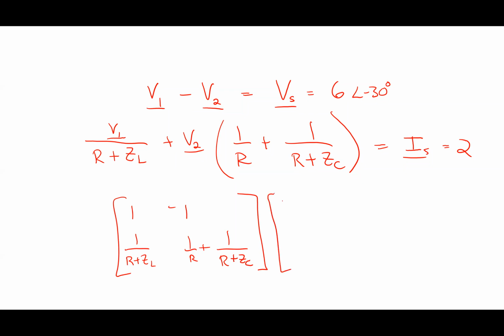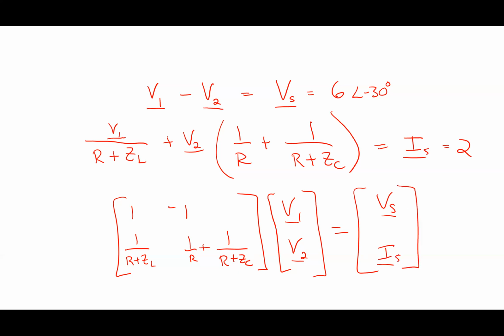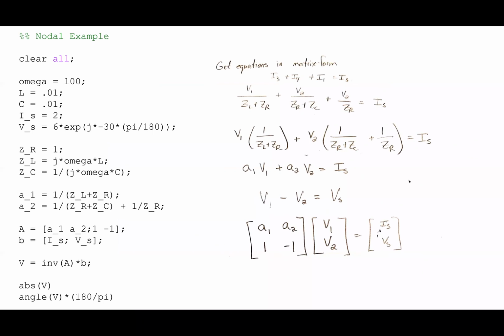That times V1, V2 equals VS, IS. That can be put into MATLAB right away. I don't want to start doing augmented matrices. I have complex numbers now. This is nasty, but I can put it all into MATLAB, and that's what I did.